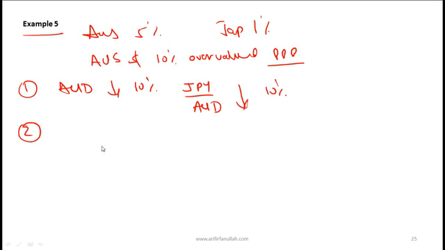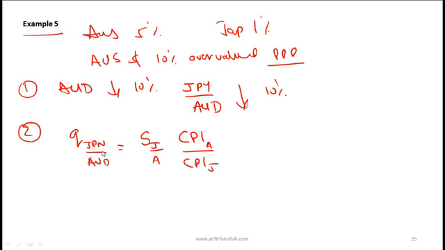Question number 2. If both Australian dollar and Japanese CPI price levels increase by 5%, then what happens to the real exchange rate? So now recall the formula for the real exchange rate. The real exchange rate, Japanese yen divided by Australian dollar, is given by the spot rate, which again is Japanese yen over Australian dollar, times the CPI of the Australian dollar divided by CPI of Japanese yen.